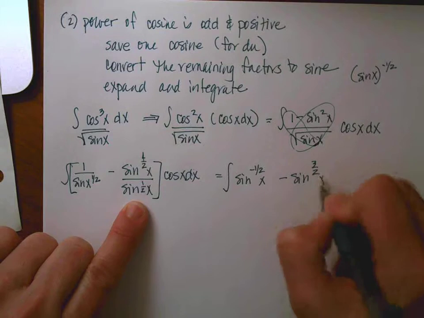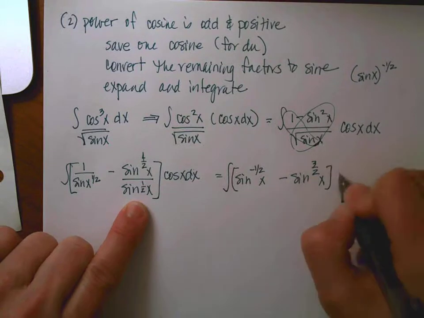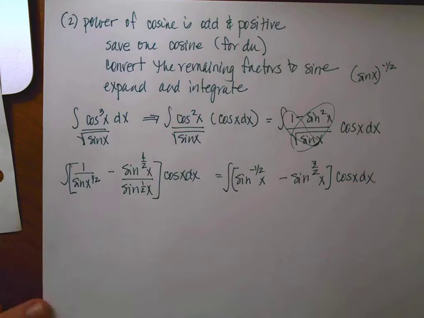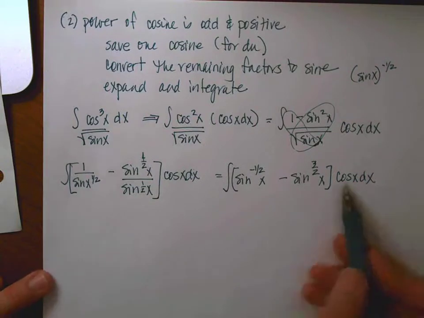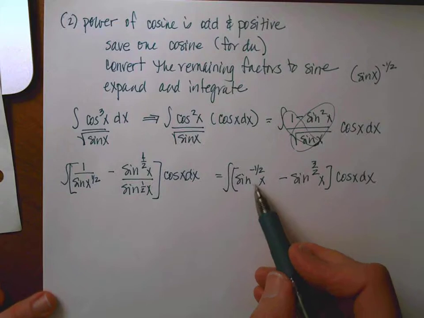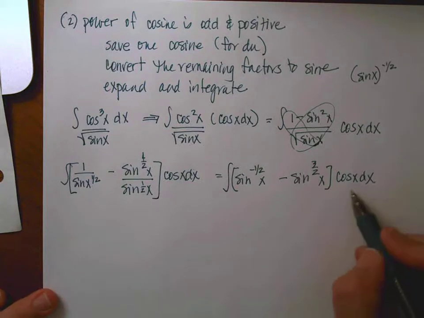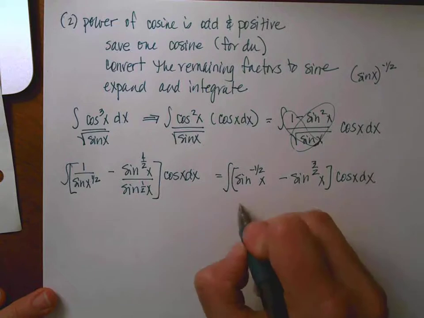So this is minus the sine of 3/2 x. All of this is times the cosine of x dx. Alrighty? So I'm going to distribute this, and I'm going to separate each term just so you can see what we're doing. Maybe I won't on this one because you guys are so brilliant. So you run circles around me, so maybe I'll just do it from here.